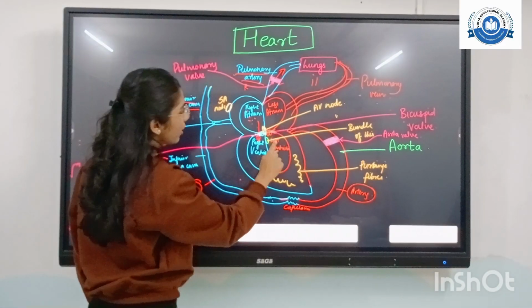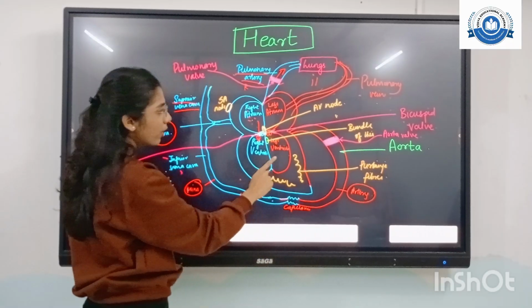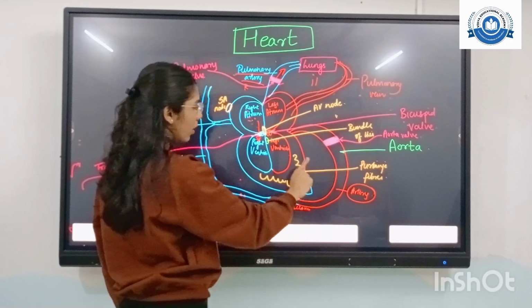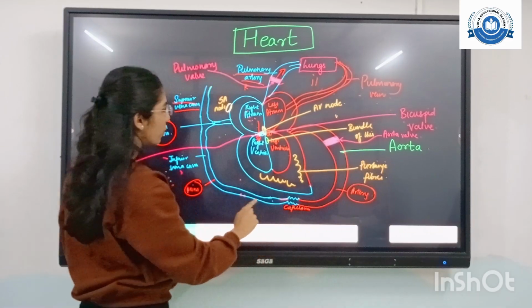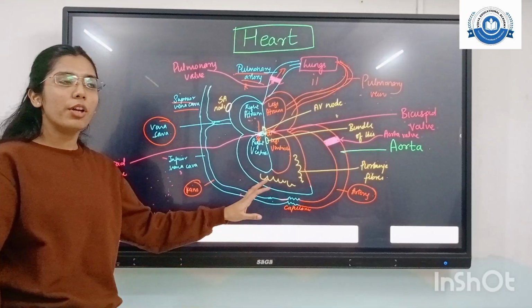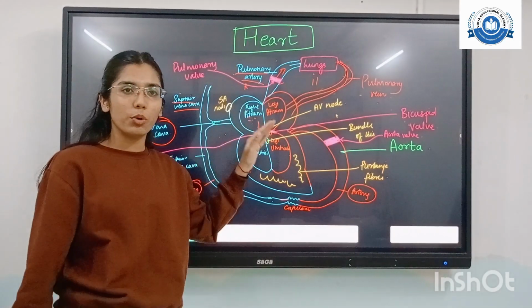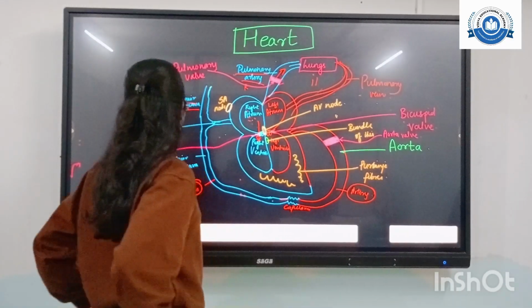From here it enters into the left ventricle, and from the left ventricle it gets pumped out of the heart through the aorta, and then this process continues. Now we are going to see the walls that are present here, then the SA node. All these things we are going to see in detail.